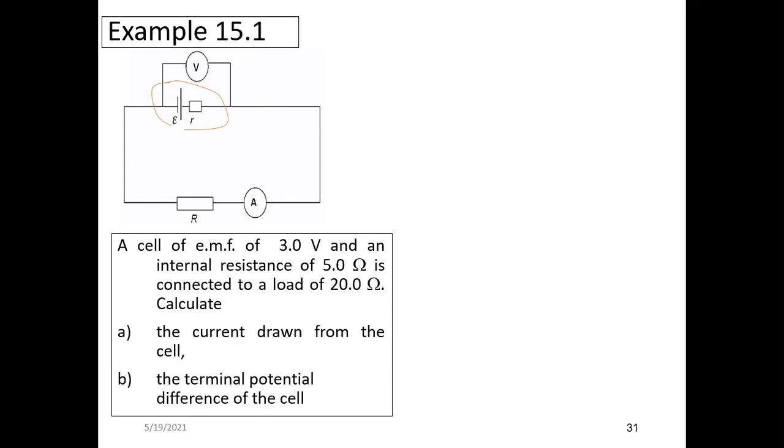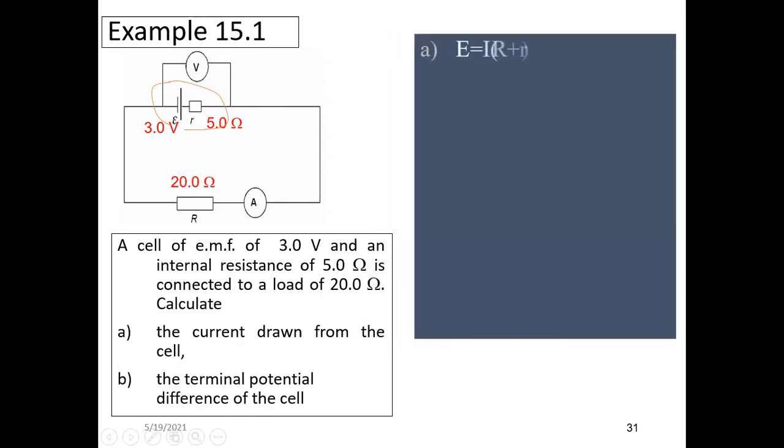What's the current drawn from the cell? 0.6. Write down all the values there. 3/5, right? E equals I times R plus r. E is 3 volt. I then, 20 plus 5. Yeah, 3/25.